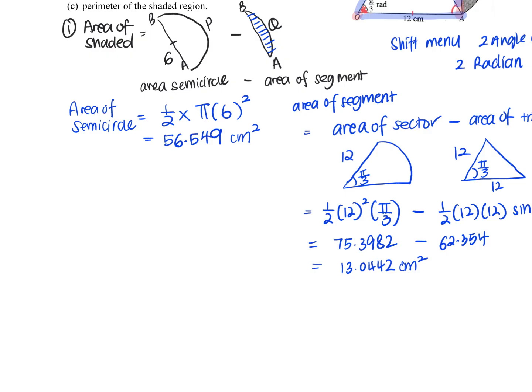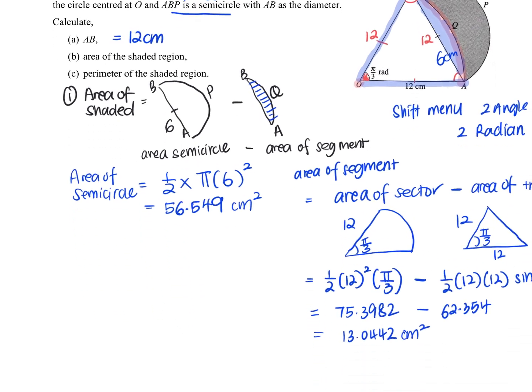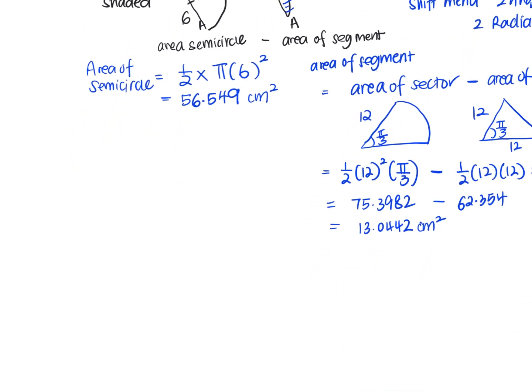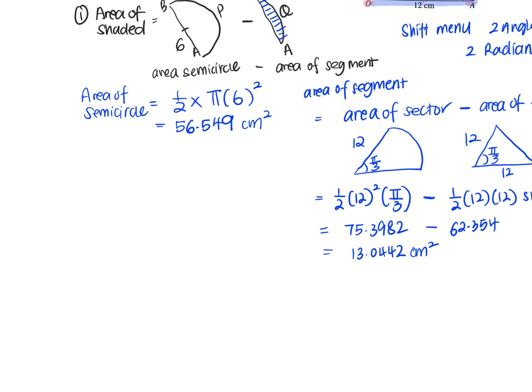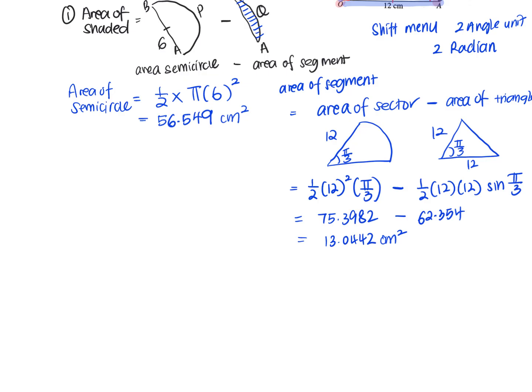Now how are we going to go back to our original main question? The main question asked me to find the area of the shaded region, which is the area of the semicircle minus the area of the segment. So for the final answer, we take the area of the whole semicircle and subtract away the area of the segment that we found.